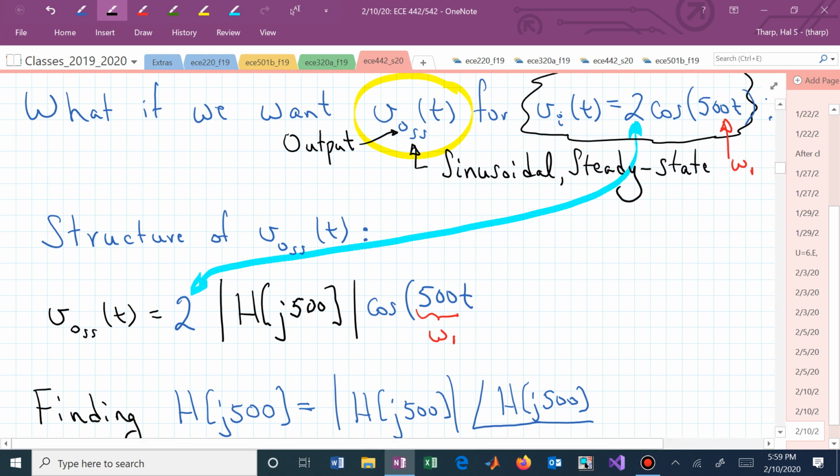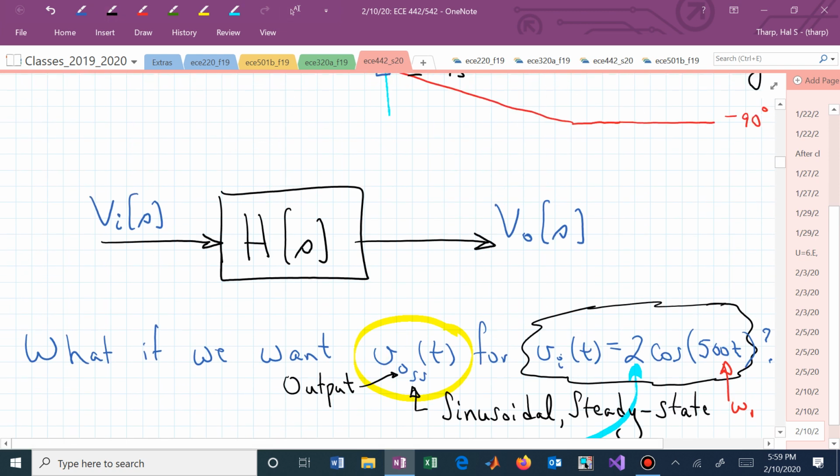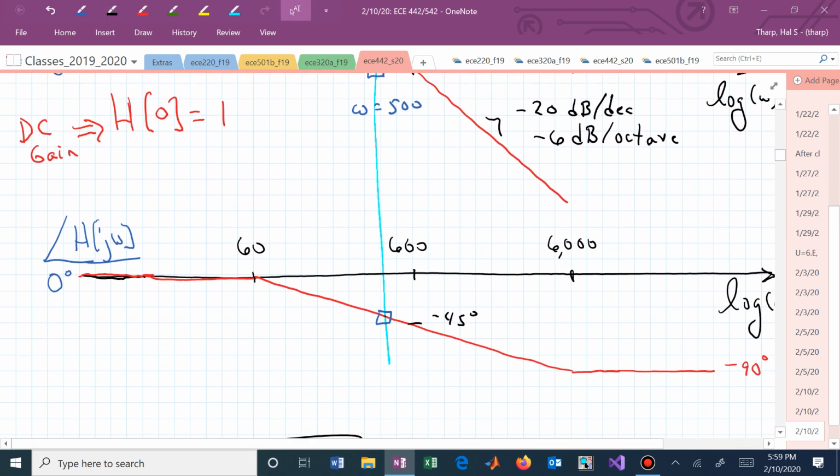Do we do anything more? Are our peaks aligned? Are peaks and valleys aligned in the input and the output? Generically, no, they are not, and this actually tells us they definitely are not. It's closer to minus 45 than to 0.